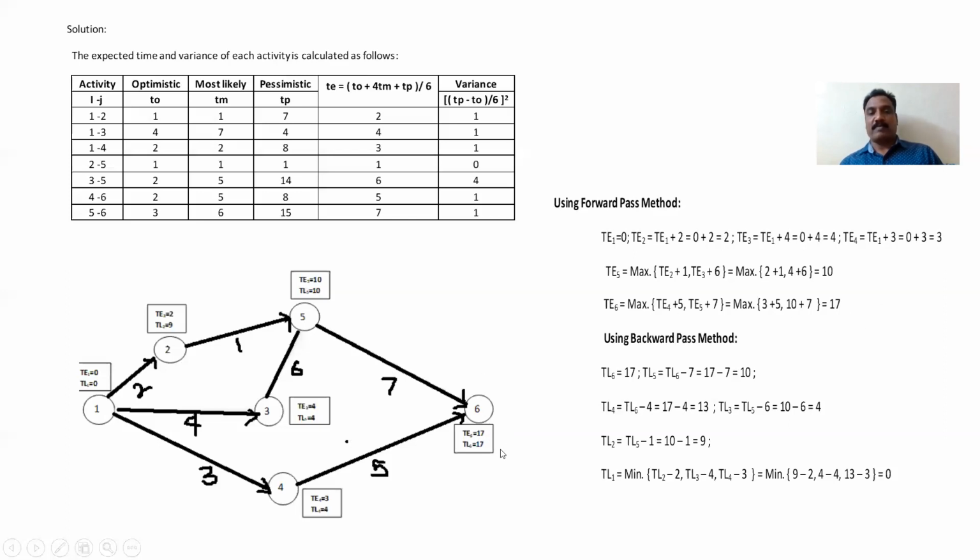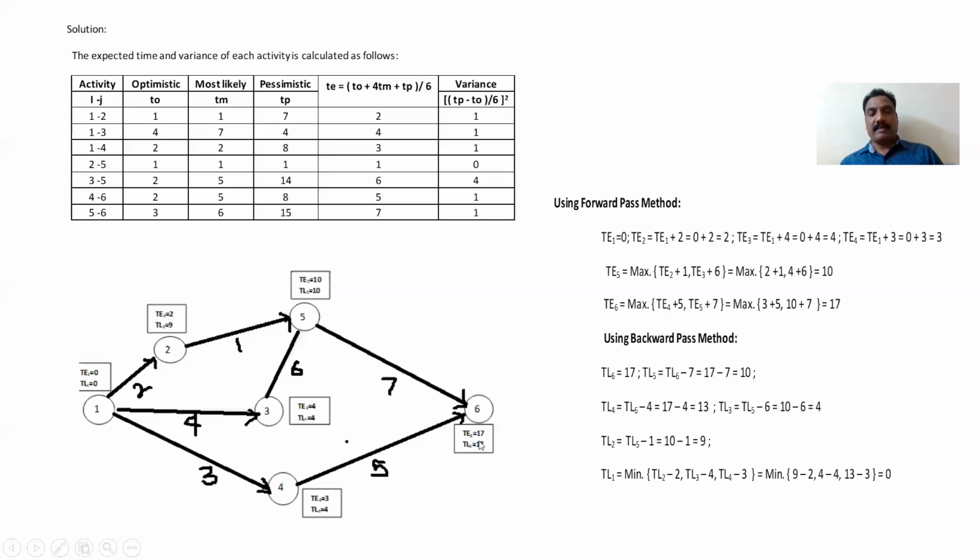So now backward pass method. TE must be equal to TL now. So 17 is equal to 17. Then you go to 5. That is TL6 minus 7, this is 10. Then go to 4.